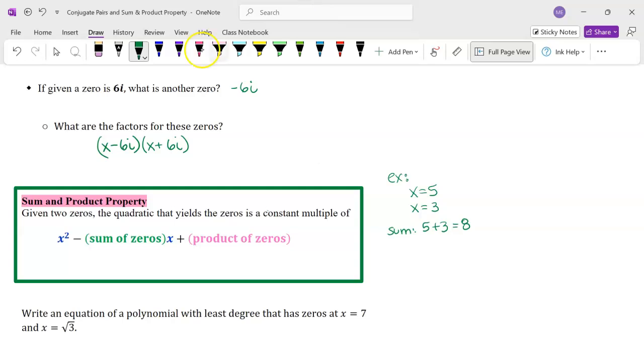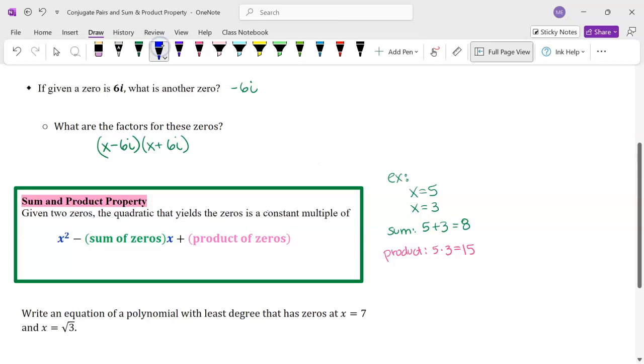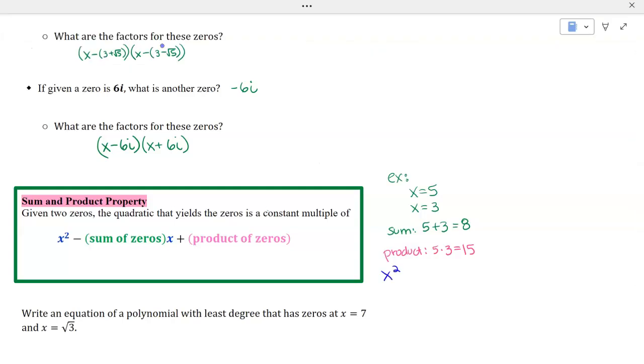The product of these two zeros, so really I'm just multiplying the two zeros together, 5 times 3 gives me 15. Putting this all together, taking the sum of the zeros and the product, my quadratic is going to be x squared minus the sum, so minus 8x, plus the product, which is 15.